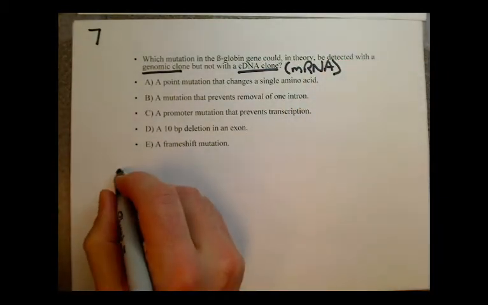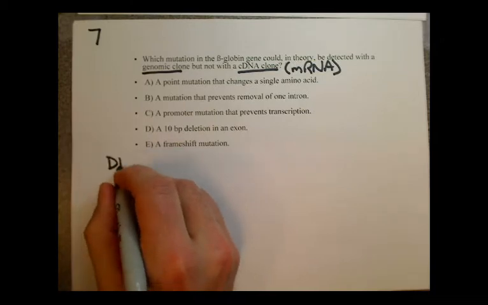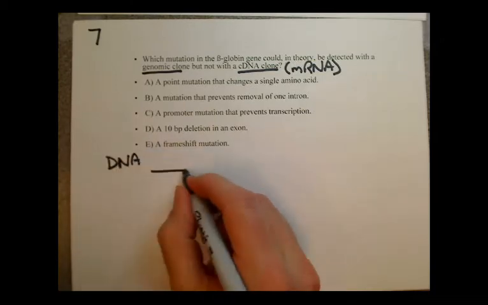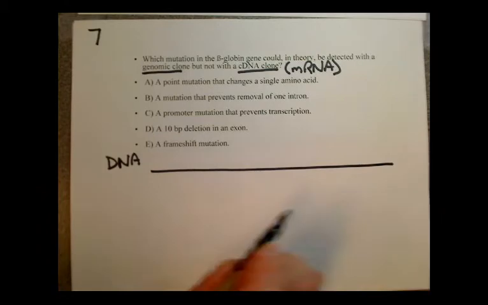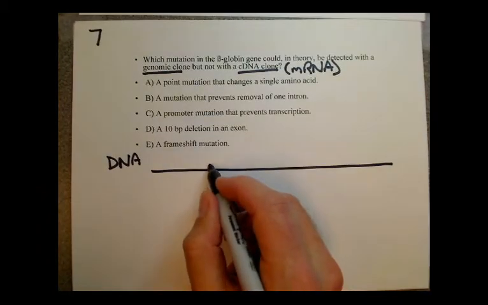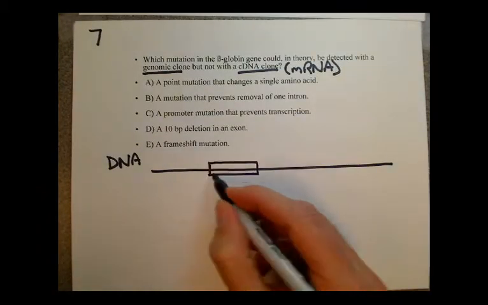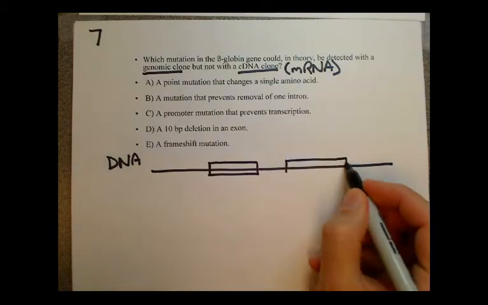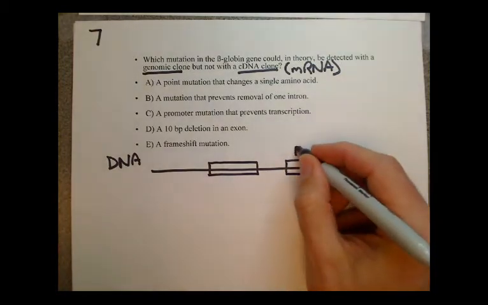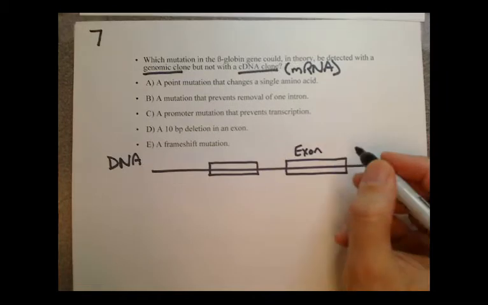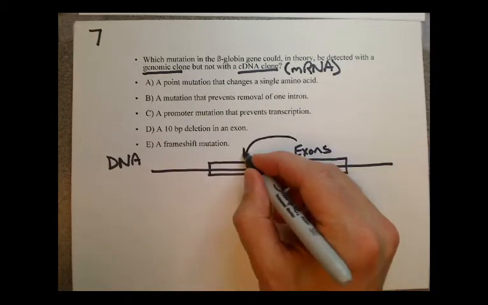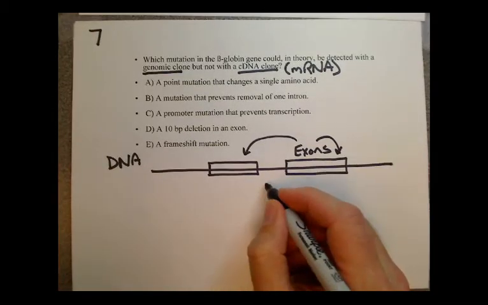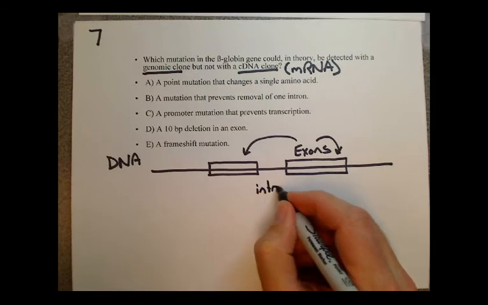So if we think about what's in a DNA sequence, and we think about a typical gene, there's a lot of things. So there are exons and introns. Exons. There are also introns.